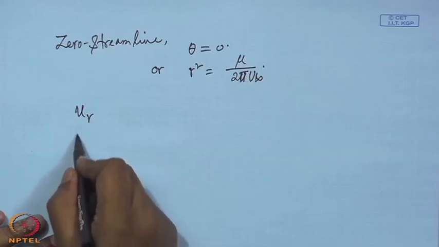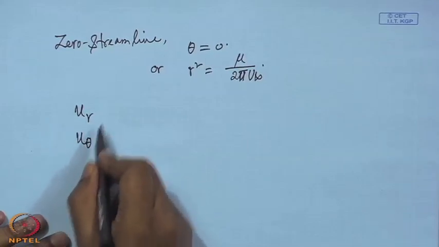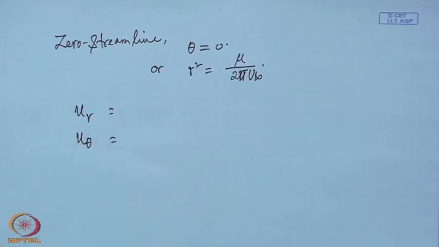u r and u theta. Let us say u r and u theta. u r you can find either as d psi d r, d phi d r or 1 by r d psi d theta. Either find d phi d r or 1 by r d psi d theta. What is u r?